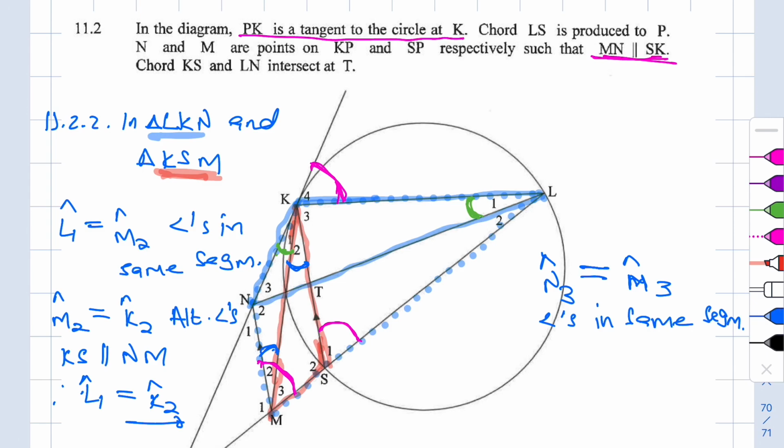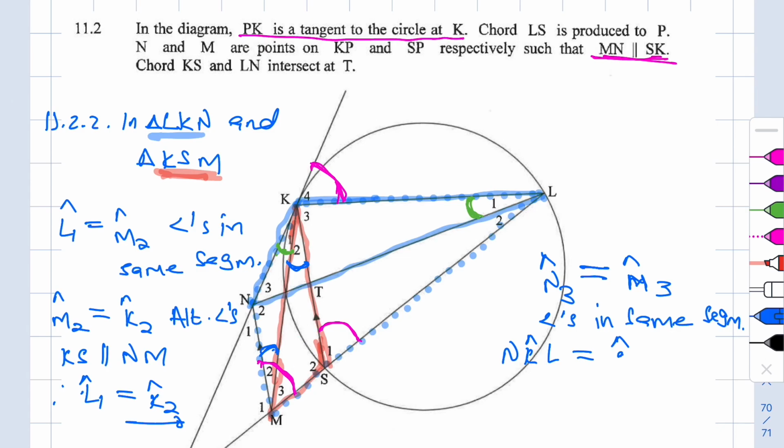Then the last one, we're just going to equate the remaining angles. So in the blue triangle, it's angle K1, K2, and K3, or you can say it's angle NKL, which is equal to the angle remaining in the red triangle, S2.